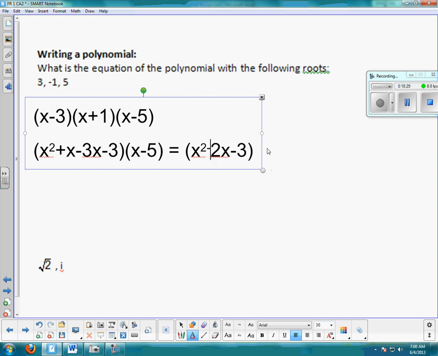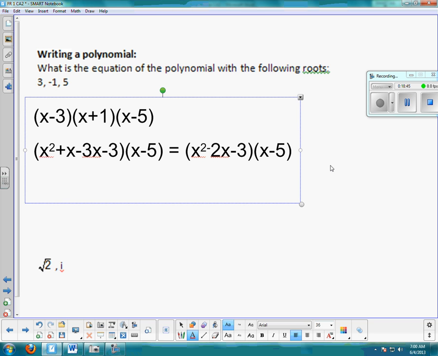And minus 3, and then obviously times x minus 5. And then what I would need to do is refoil, or use that box to multiply this trinomial times this binomial.